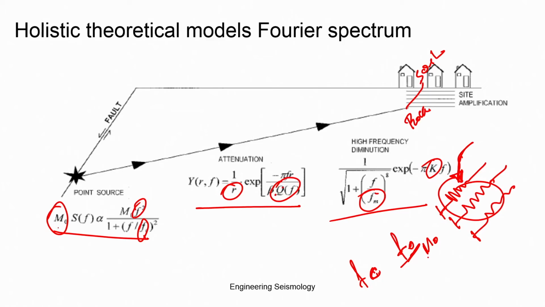When you plot a Fourier spectrum, you also notice that it has an inclined portion, then a horizontal portion and a vertical portion. That gives you an idea of the corner and cutoff frequencies. The cutoff frequency is called fmax, and the corner frequency is named f0. The corner frequency is a function of the seismic moment at your source.